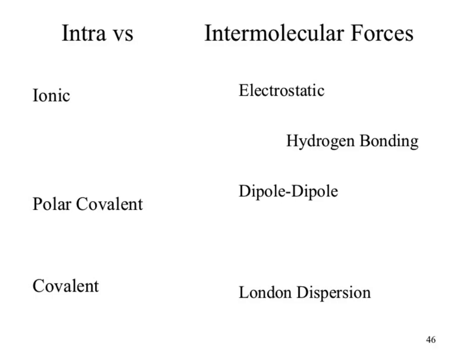The part that's useful out of this is that if you have an intramolecular ionic bond, that will generate an electrostatic intermolecular force. If I have a polar covalent intramolecular bond, that will generate a dipole-dipole force.